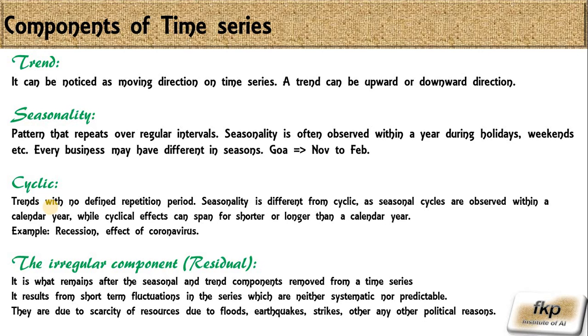Sometimes we'll sell more, sometimes we'll sell less. That is called the residual component, the error between the normalcy of the business.